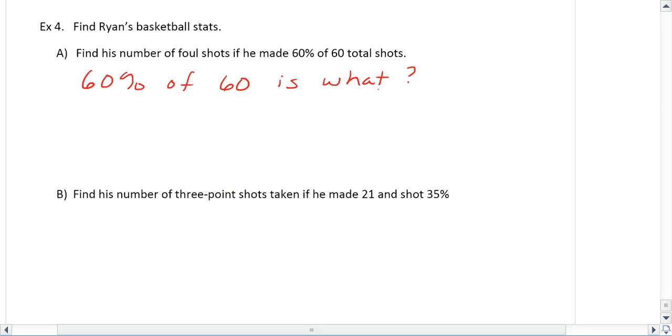Remember, we always want to use the words of and is, because that sets up our equation for us. So 60% is 0.6, of is our multiply, times 60, is our equal, and I'll just call it x. If we multiply those, we get 36 free throw shots.